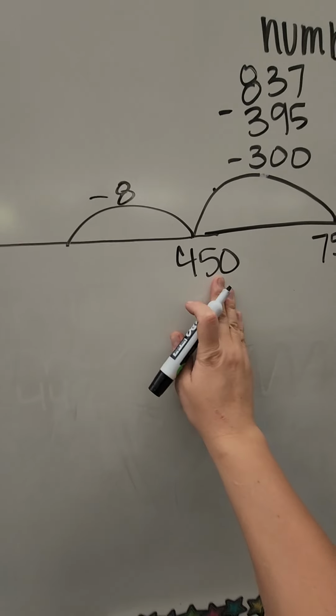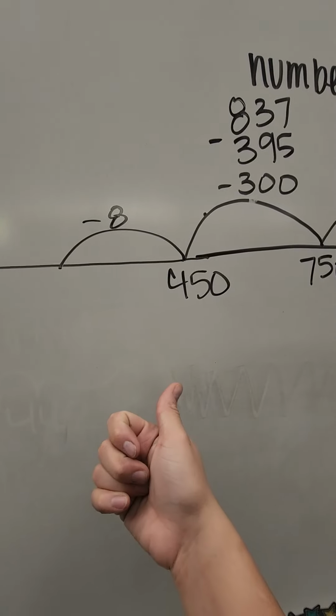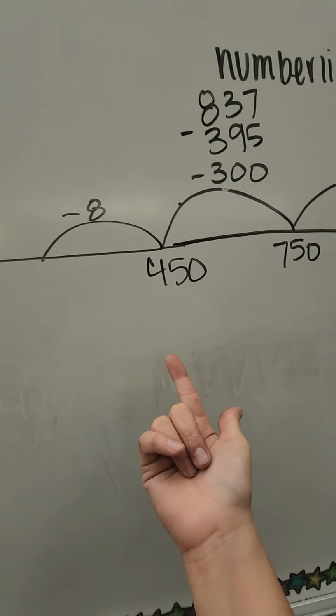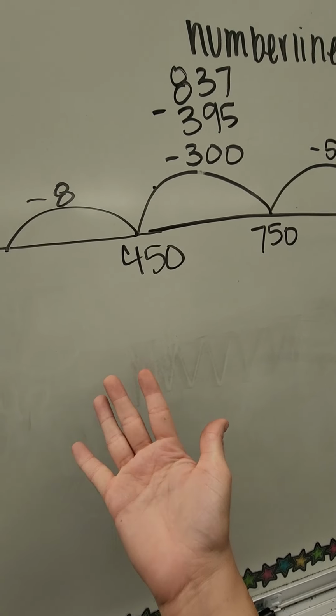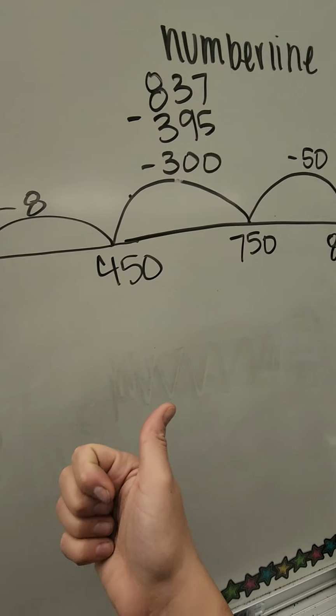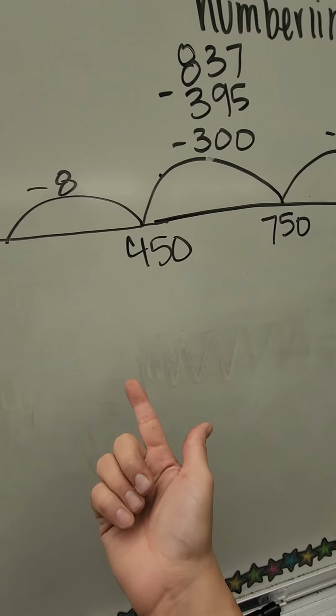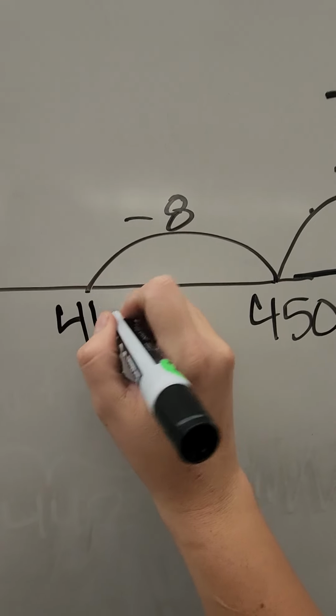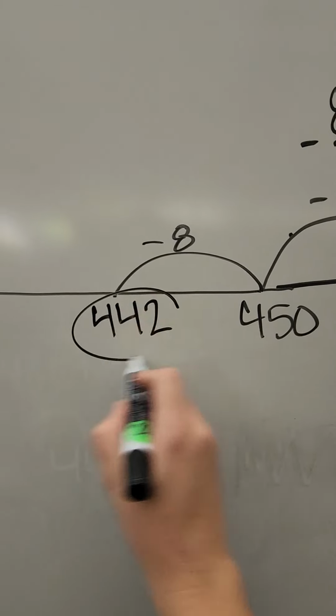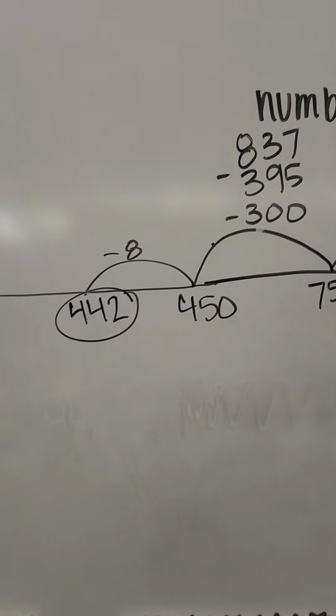So let's see, 50, 49, 48, 47, 46, 45, 44, 43, 42. Oops. So that would be 442, which is the same thing we got in our other work.